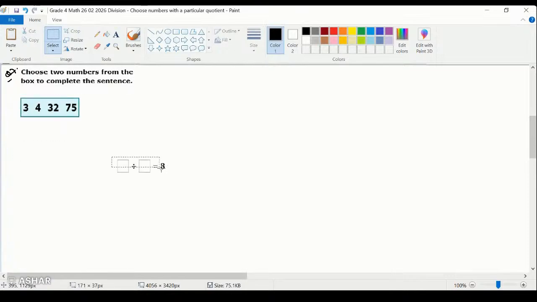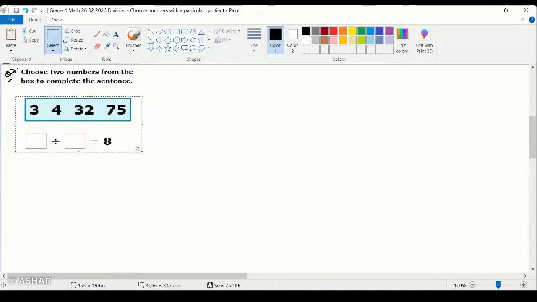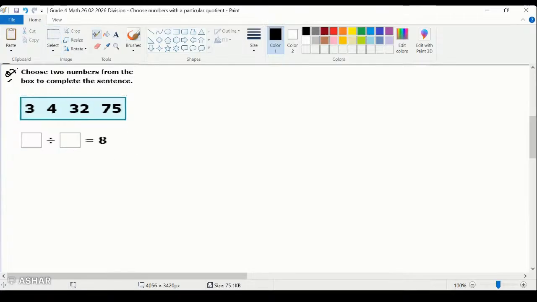Okay, this statement was given to us. Let's see what we can do over here. Choose two numbers from the box to complete the sentence. Which two numbers, when divided, give a quotient of 8? So what we need to do is, if 8 is already provided to us, we need to divide each number, right?